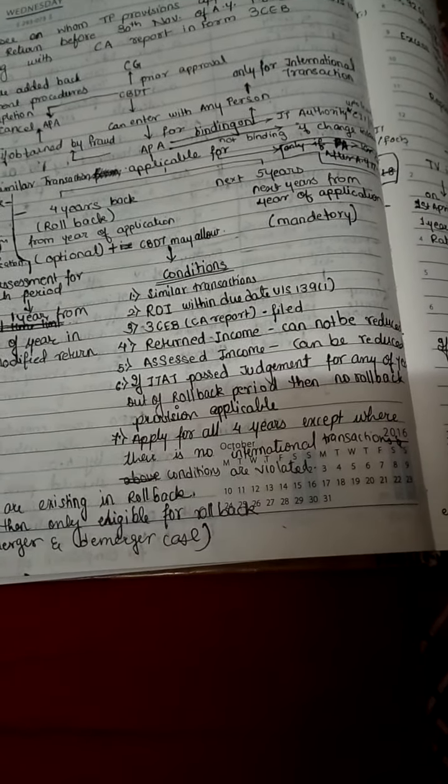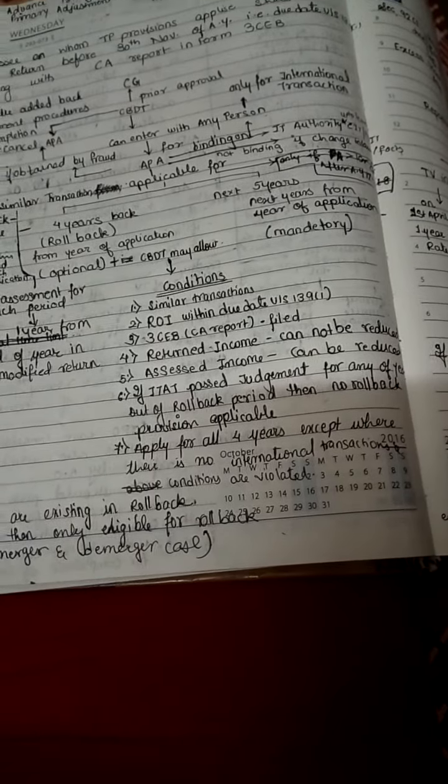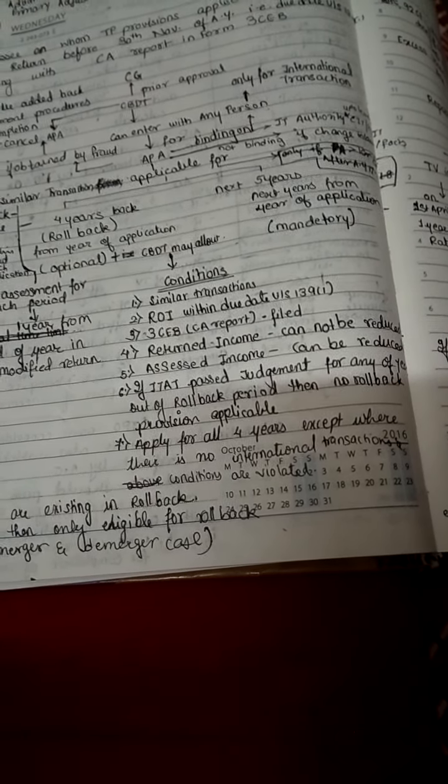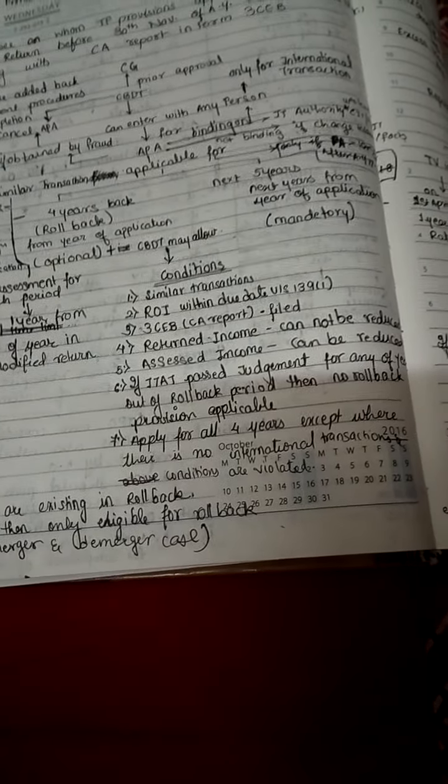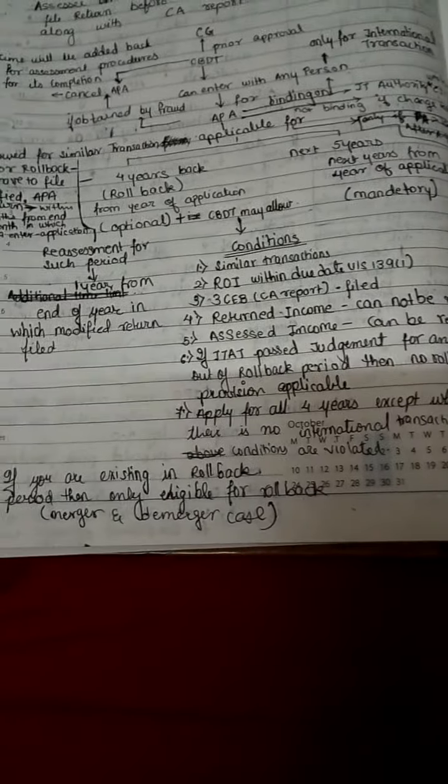It's not optional to opt for 1 or 2 years out of 4 years in the rollback period. You have to apply rollback provisions for all the previous 4 years. The only exception is where there is no international transaction or any of the above conditions is not fulfilled or is violated.